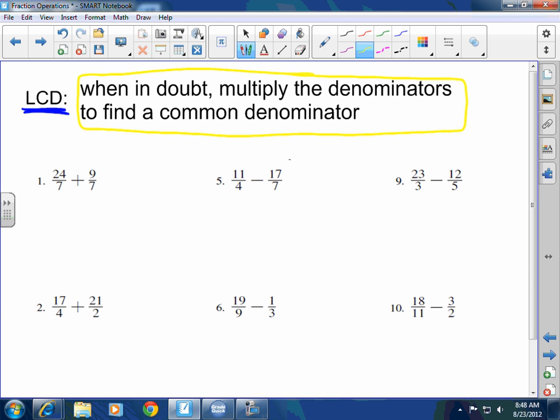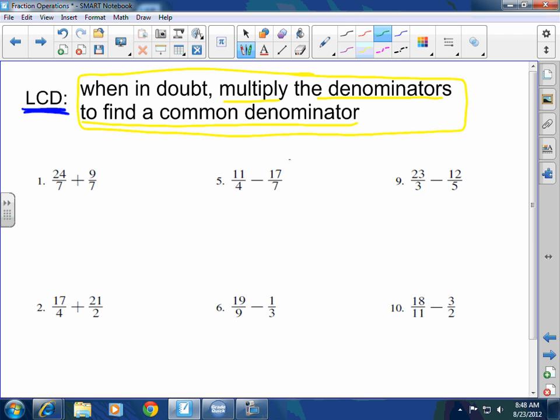And that's going to be 153, and that's going to be your common denominator. And then at the end, you'll worry about simplifying it. But if you can't figure out the LCD right off the bat, when in doubt, multiply the denominators to find the common denominator. Okay? Worst case.